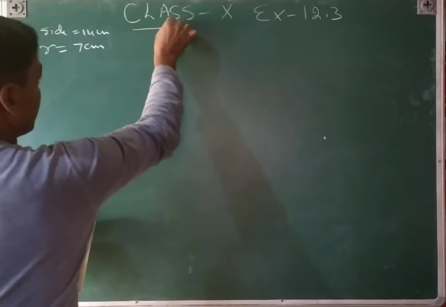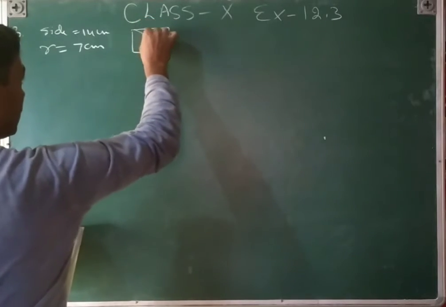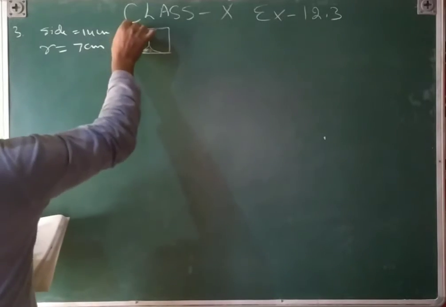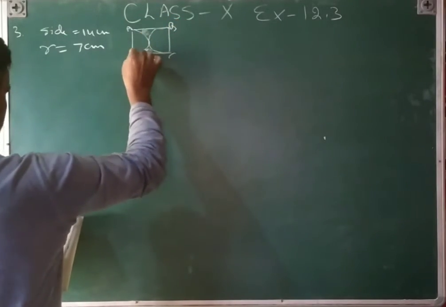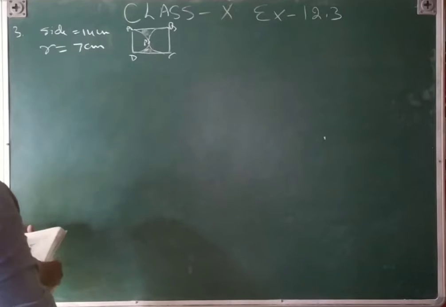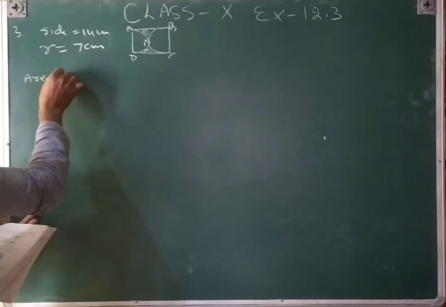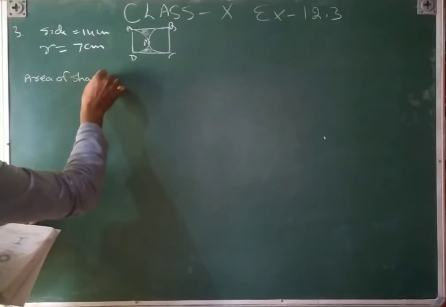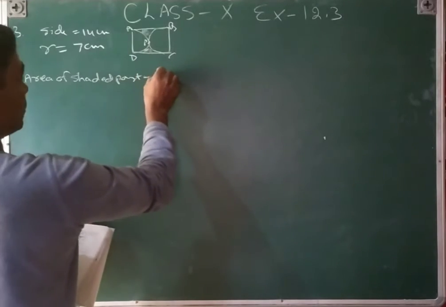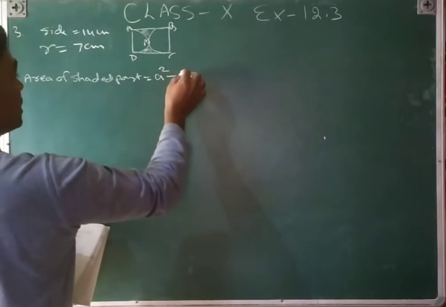So see the diagram also. We need to find the shaded region area. A, B, C, D, and that is a point P. Now, here we will say area of shaded part is equal to area of square minus area of two semicircles, means one circle.